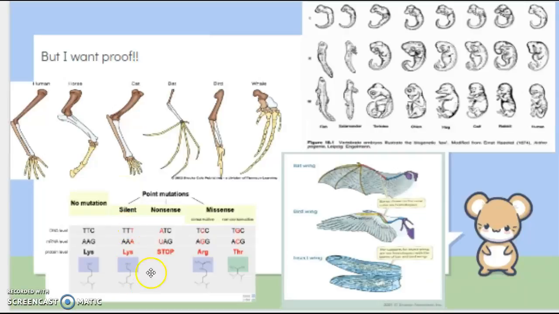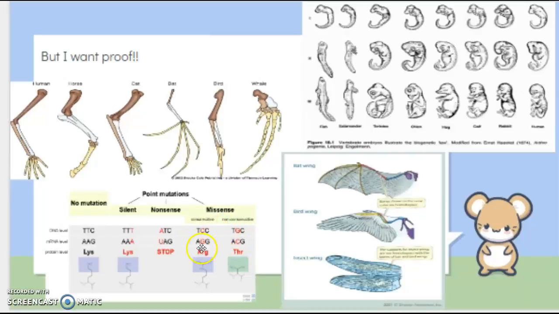So we have very different examples of genetic mutations. We can have silent mutations, which is when the DNA pattern changes, but it still makes the same protein. We could have a nonsense mutation, which is when the genetic pattern changes enough that we make no protein. So this would be the difference of you, for example, having an arm or not having an arm.